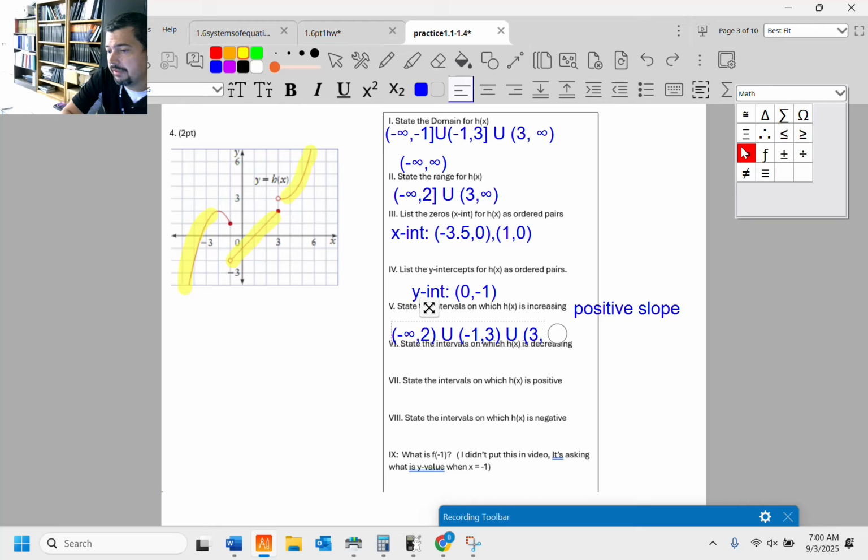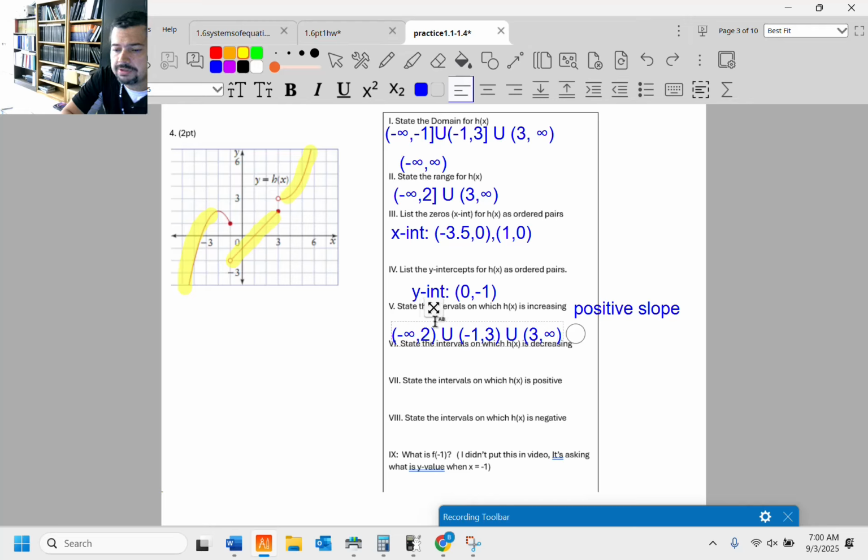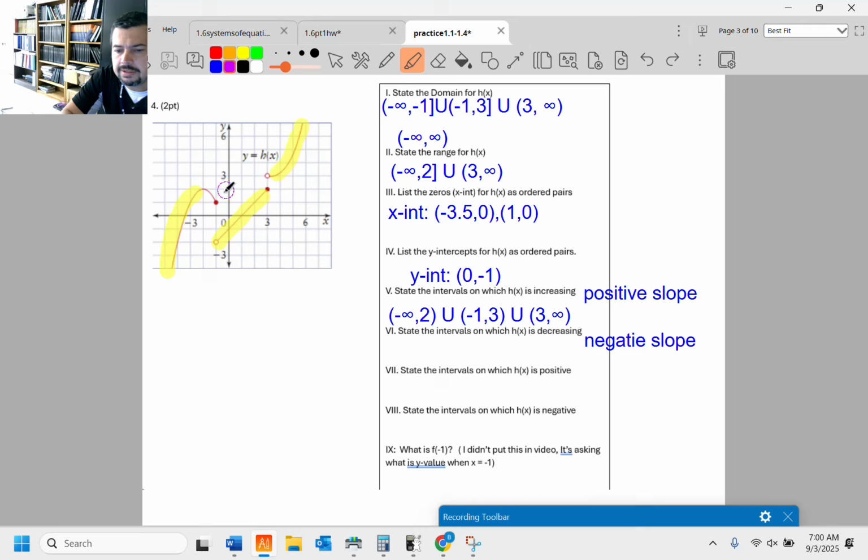So most of the graph had positive slope. By and large, this graph was increasing. Decreasing would be negative slope. And there's only one place on the graph that has negative slope. And it's this guy right here. And it goes from about negative 2 to about negative 1.